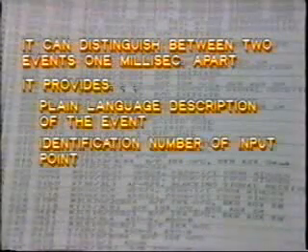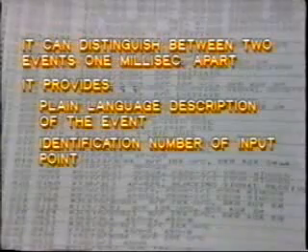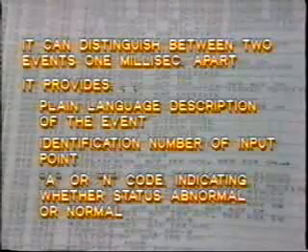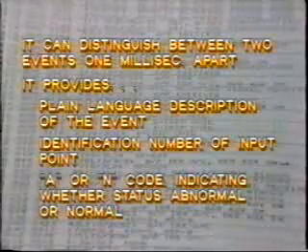A typical SER printout gives the exact time of the event down to the millisecond. It can distinguish between two events occurring 1 millisecond apart. It provides a plain language description of the event, the identification number of the input point, and an A or N code indicating whether the status of the device became abnormal or normal.